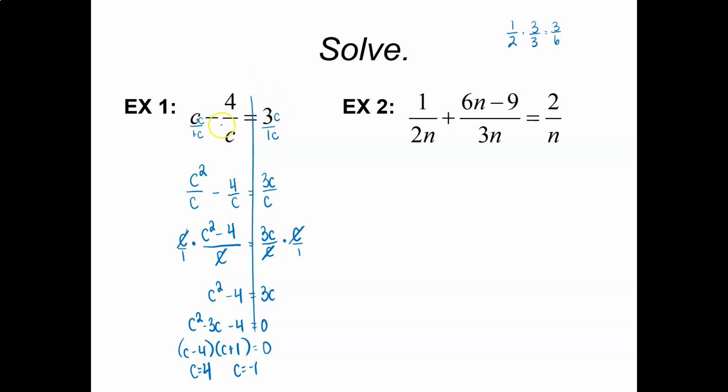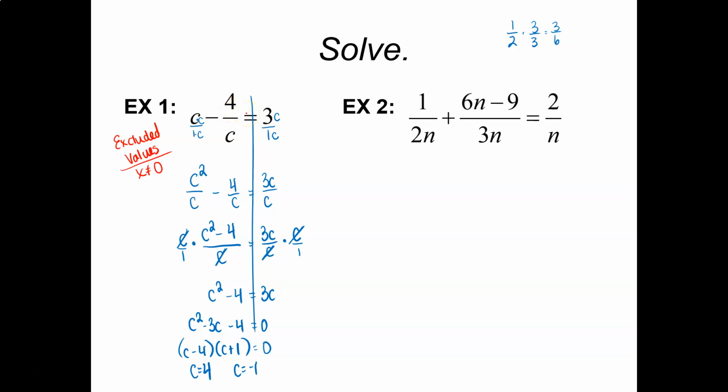So if I go back up here to the original problem, my excluded values were just x cannot equal 0. Right? Because I could not have c being 0 because that'd give me 4 over 0, which would be undefined. So x cannot equal 0.